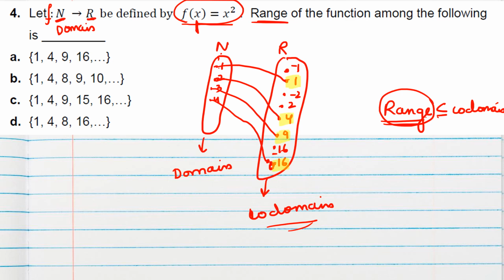That means all perfect square numbers, right? So in the given list, we have to check for all perfect square numbers. You can see 8 is not a perfect square, 15 is not a perfect square, 10 is not a perfect square, so these options won't come. But if you observe option A, all numbers given are perfect squares, and the dots represent that we will get perfect square numbers only.